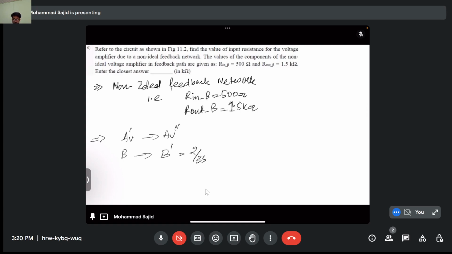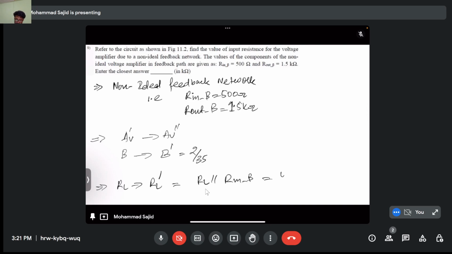And your AV dash will change because your load resistance will come in parallel with R in beta, so your RL will be RL dash, that is given by RL parallel R in beta, right?